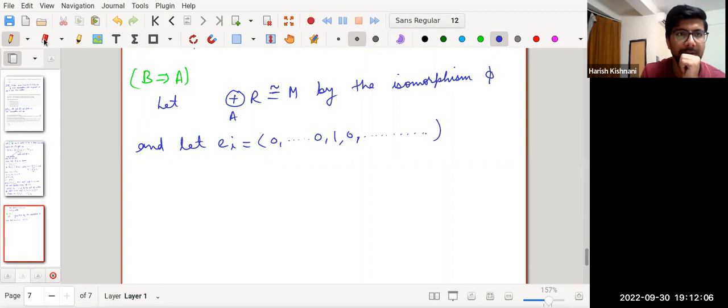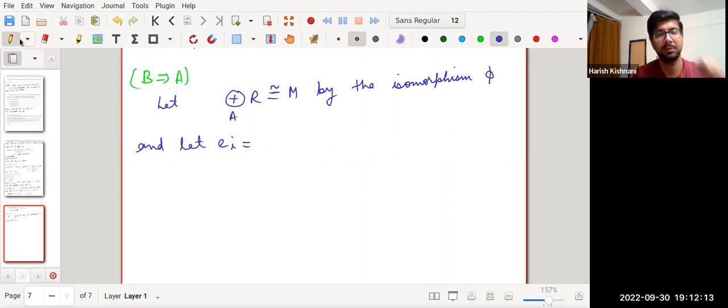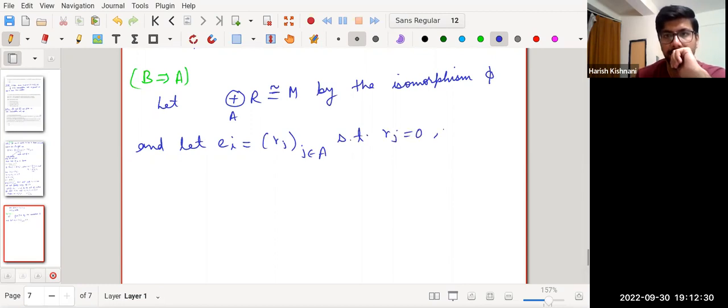Or let me write it in the form of a sequence because we are considering it to be elements of direct sum of R as a sequence. So it is a sequence R_j, j belongs to A, such that R_j is 0 if j not equal to i, and R_j is 1 if j equal to i.